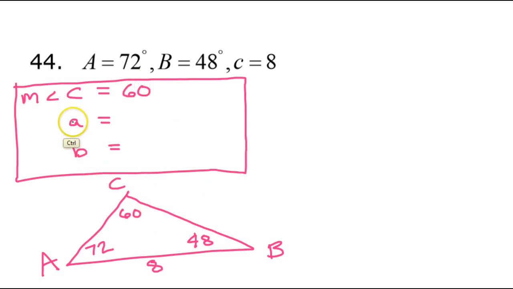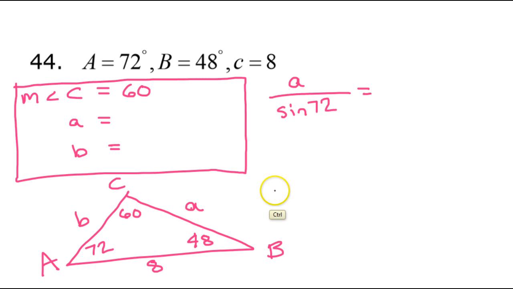Next, I want to find the length of side A. And this is side A right here, across from angle A. Side B is here, across from angle B. So whatever I'm looking for, I always put that in the numerator. So the way the law of sines works is side A over the sine of angle A, so the sine of 72, will equal, all right, and I'm looking for a pair, a side and angle that I have both of.